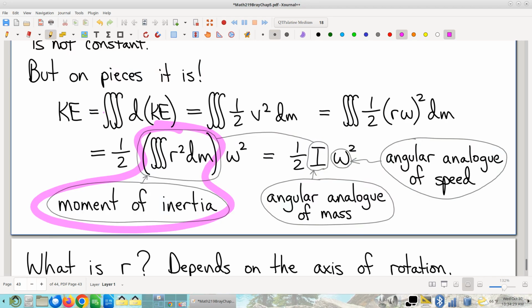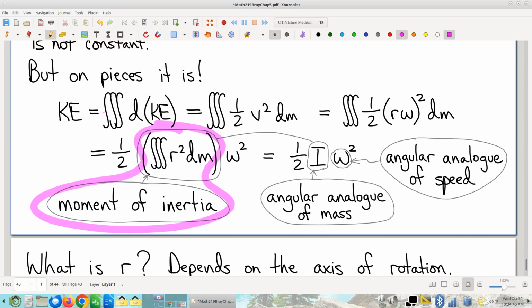It's important in kinetic energy arguments, and it's an integral over whatever your domain is, whatever your solid, wherever your mass is. It's an integral of r squared dm. So make sure to memorize that formula, integral r squared dm.